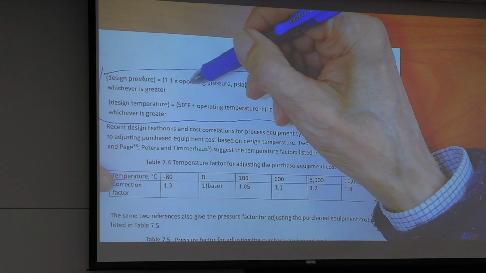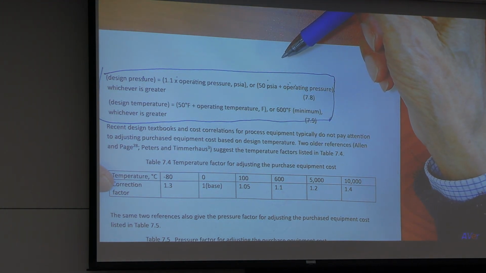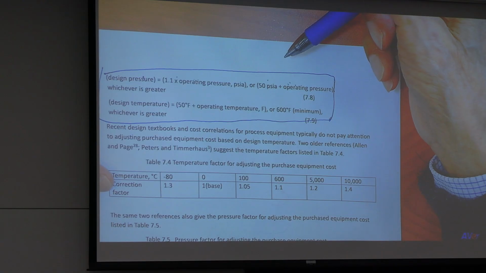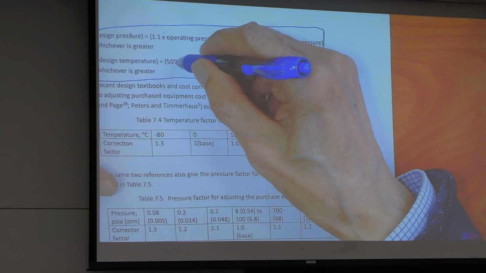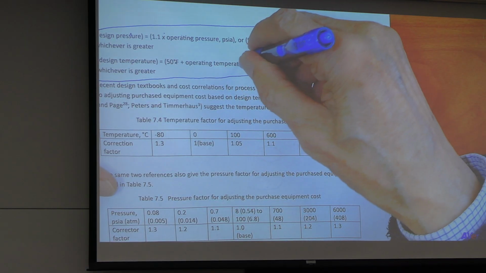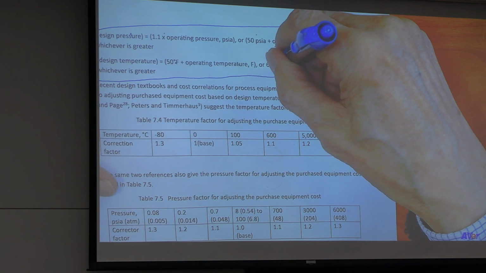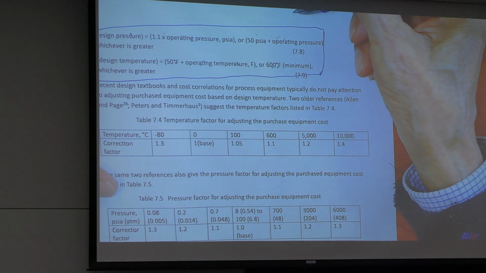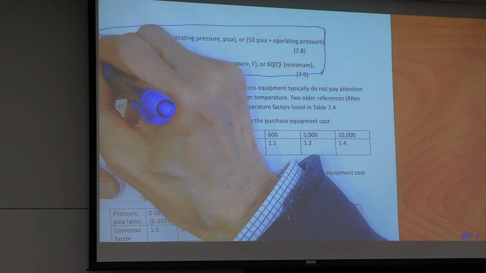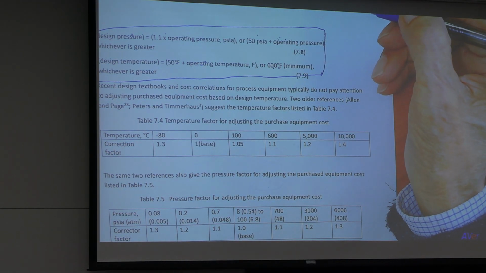Choose the greater one between the two. Design temperature is 50 degrees F plus operating temperature, or minimum 600 degrees F. Choose the greater one. This is in case you need to choose design temperature and pressure.